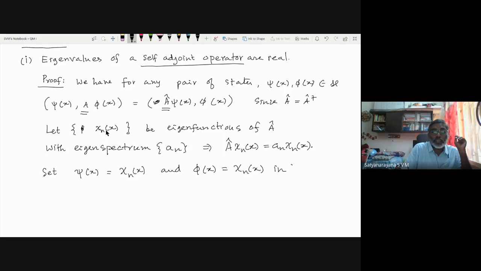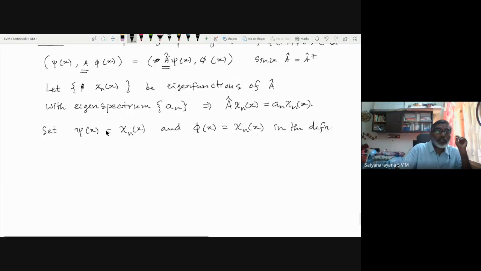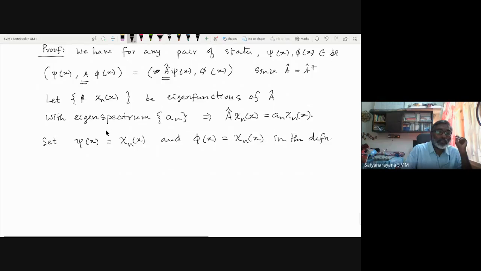So in the definition, we will have the quantity (chi n of x, A chi n of x) is equal to (A chi n of x, chi n of x).